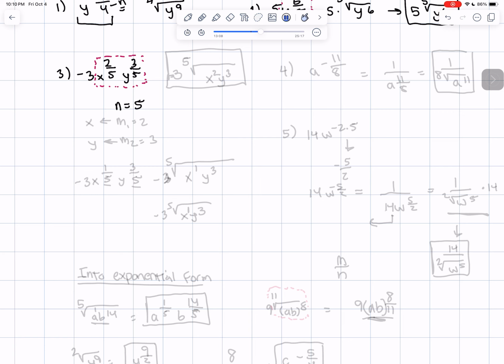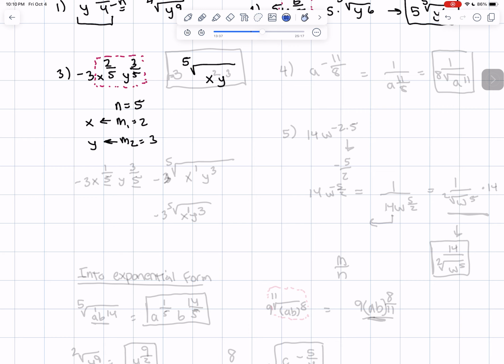But what about my m's? Well, I have two different m's. So I have m1 of 2, which is associated with my x. And then I have an m2 of 3 that's associated with my y. So let's write that in radical form. It has to be written like this: x, y, they have the same n, so n we said was 5.